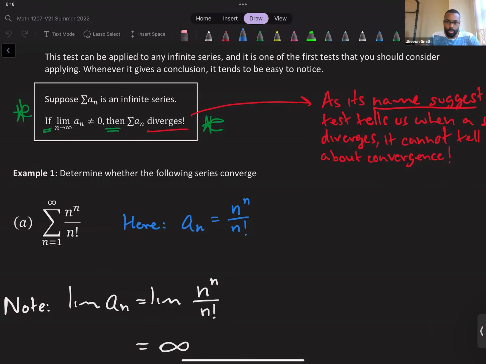So the test was, if you take the limit of the sequence term and it's not 0, and that means not 0 in any sense of the word, it could be infinity, minus infinity, or does not exist, or gives you some other number other than 0, then the series of those terms will diverge. And you cannot say convergence from this.